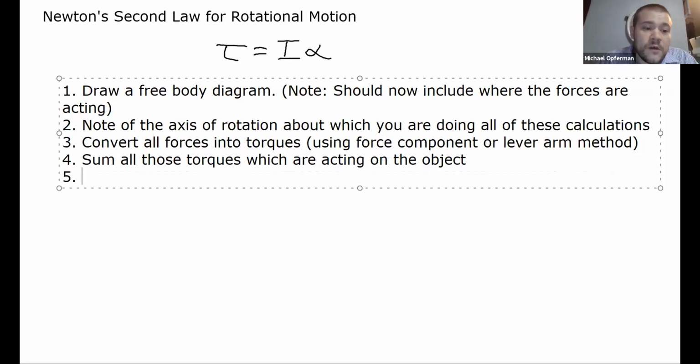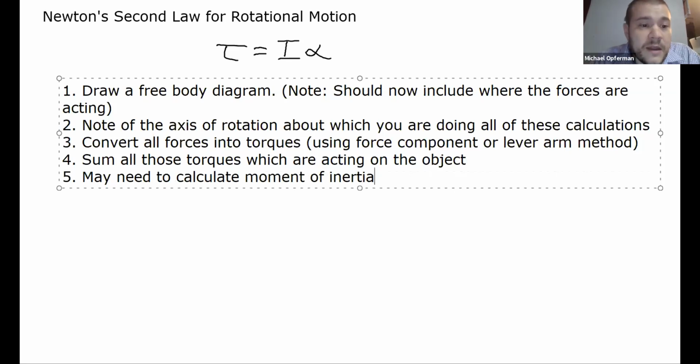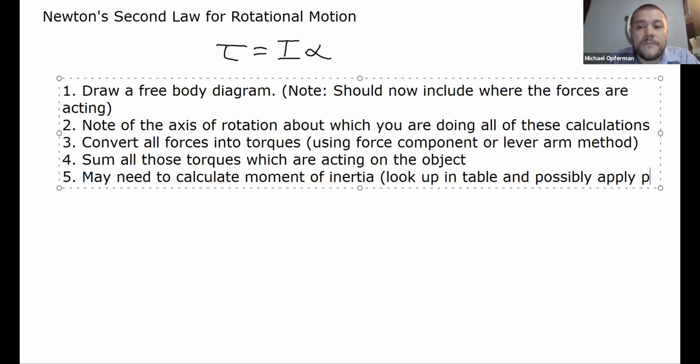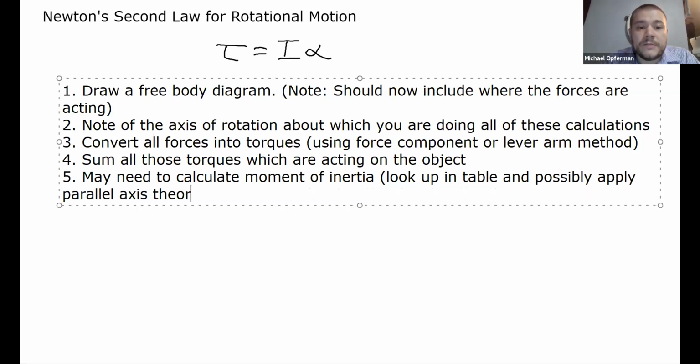Number 5, you may need to calculate the moment of inertia. Depending on what the problem is you're solving, you might need to just look it up in a table, or you might need to apply the parallel axis theorem to move the axis.